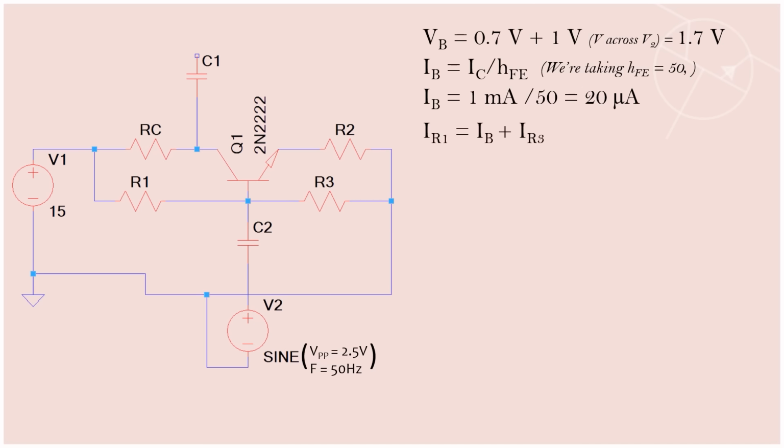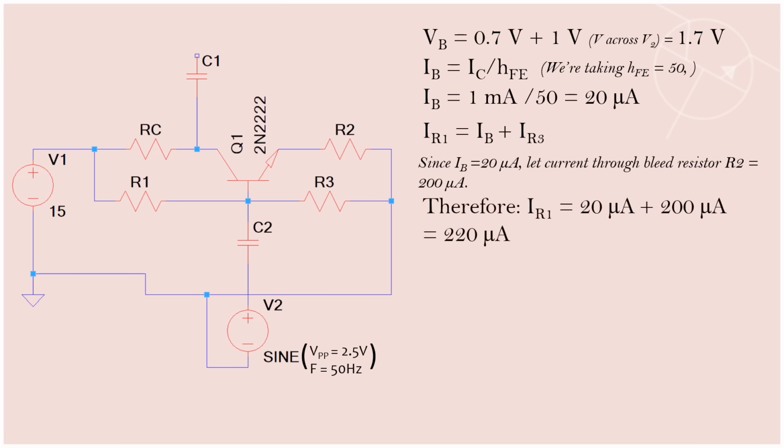IR1 is equal to IB plus IR3, where IB is the current through the base and IR3 is the current through R3. So IR1, current through R1, is equal to I base plus IR3. Next, since IB is 20 microamps, we would allow the current through R3 to be 200 microamps.